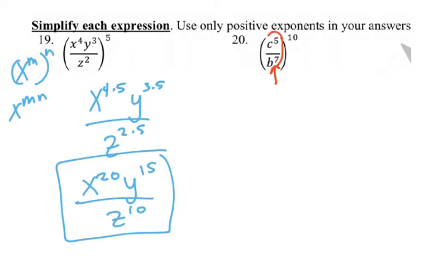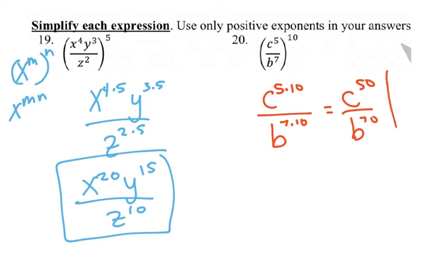So you want to clean up what's inside first and then move outside to what is waiting there. There's nothing to do inside, so I'm going to have c to the 5th to the 10th, multiplied over b to the 7th to the 10th. So that's going to be c to the 50th over b to the 70th. And that's all there is to that.